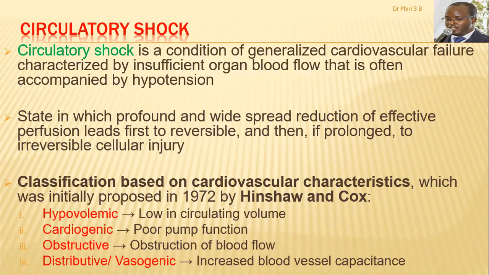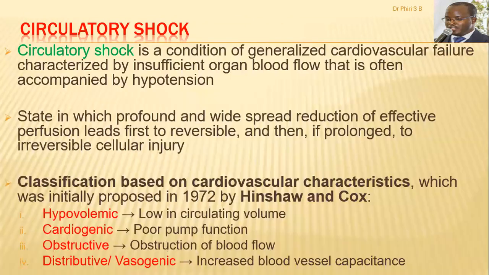If you have increased blood vessel capacitance due to maybe vasodilators, it can result in distributive shock. Maybe you can have more blood on the venous side as compared to the arterial side. That can also result in circulatory shock, and this is because of distributive dysfunction. So it's called distributive or vasogenic shock.